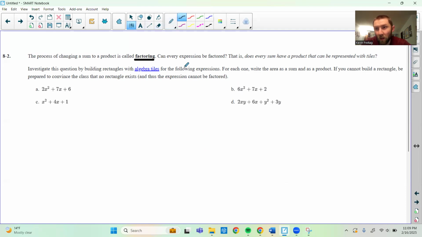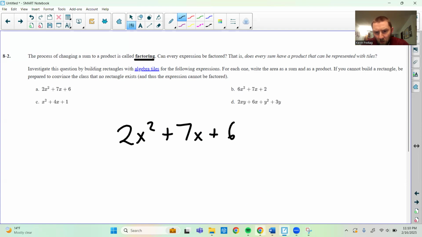I'm going to show you an example here using algebra tiles to factor a sum into a product of 2 dimensions. Okay, so we're going to start here with 2x squared plus 7x plus 6. So this is essentially a pile of algebra tiles, 2 x squared tiles, 7 x tiles, and 6 individual tiles.